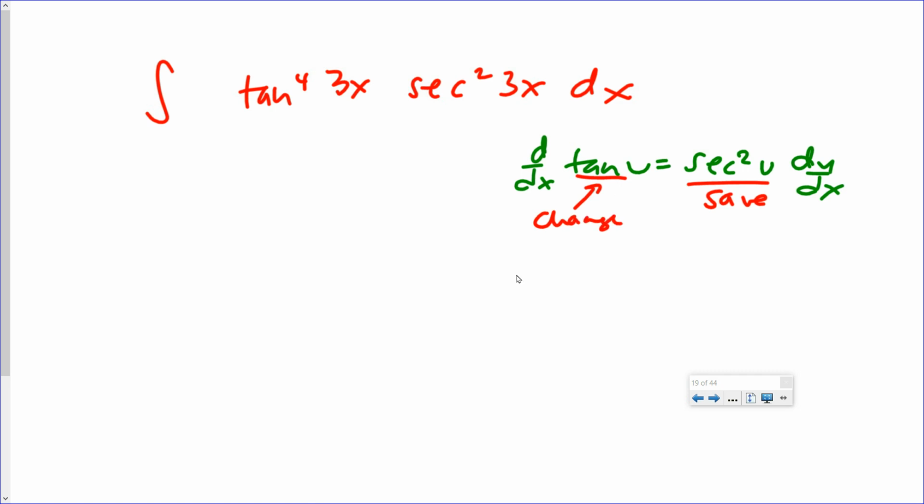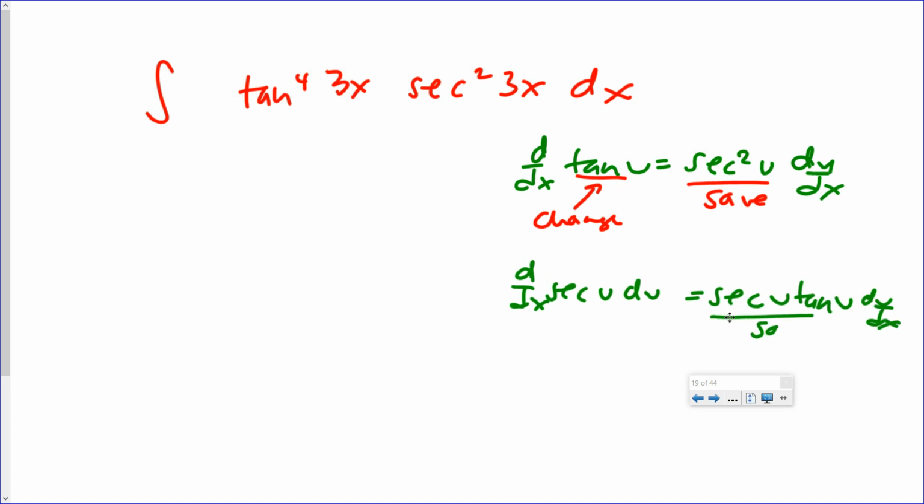Or, the second strategy, the derivative of secant u is secant u tangent u du dx, so you can save a secant tangent and change everything to secant u. That's your only strategy, and that's actually what we've been doing for these secant problems. You just didn't know.